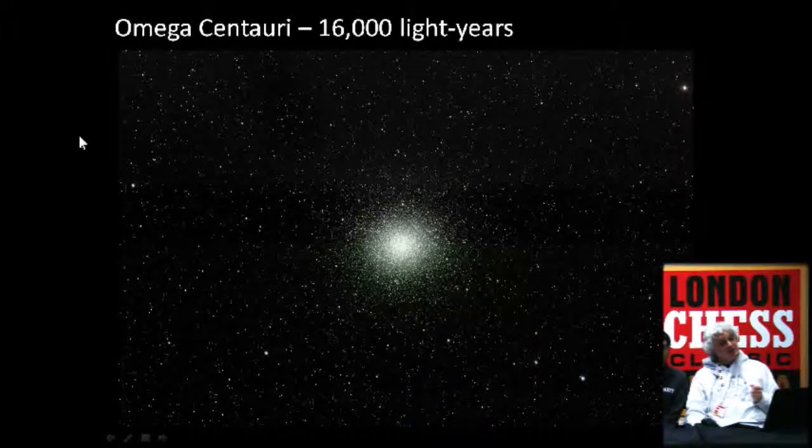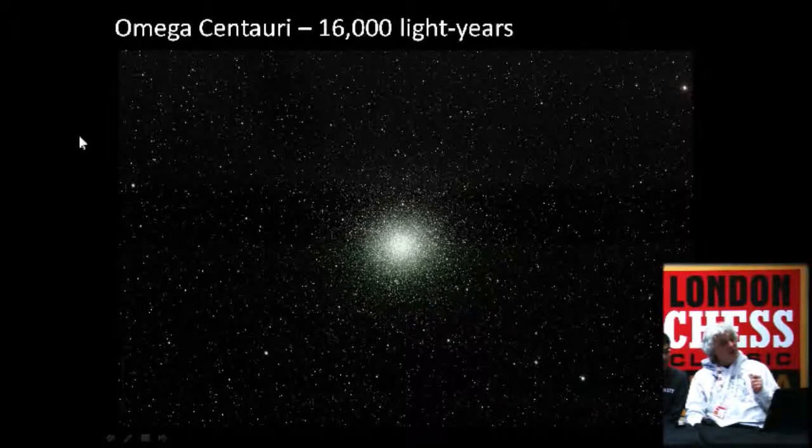Now, these globular clusters are balls of very old stars. They were formed early in the history of our galaxy, and they've been orbiting our galaxy ever since. Now, in fact, this particular one is probably a special case because it's much larger than any of the other globular clusters orbiting our galaxy.